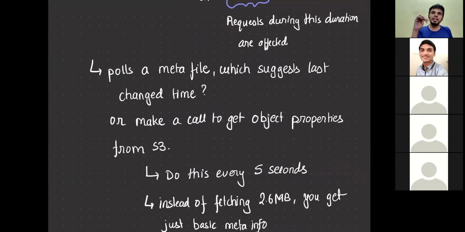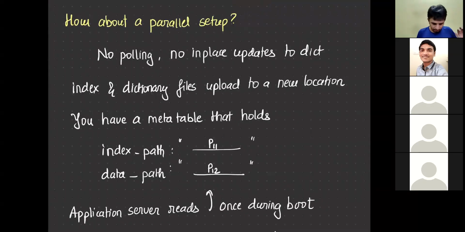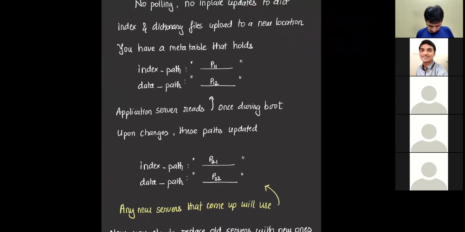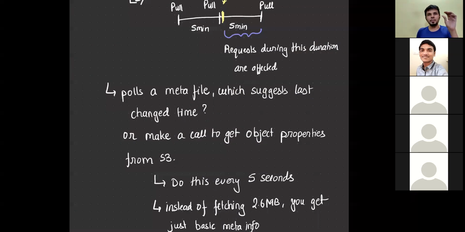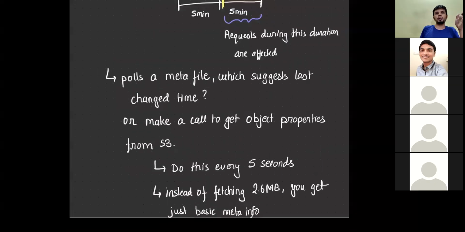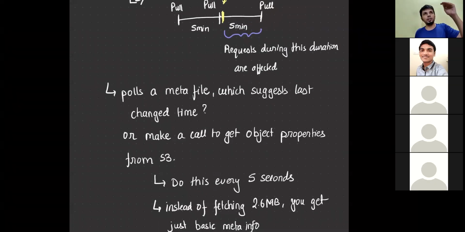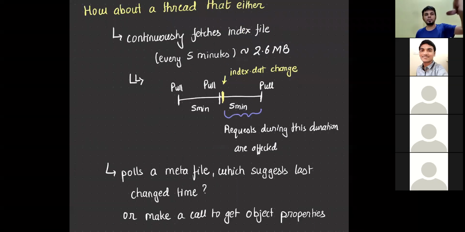Another approach could be that somehow your API servers know that something changed. So one way to do it is, instead of loading the index.dat file, you have another meta file which suggests the last changed time, and through this your API servers would know that the file changed. How can you implement it?